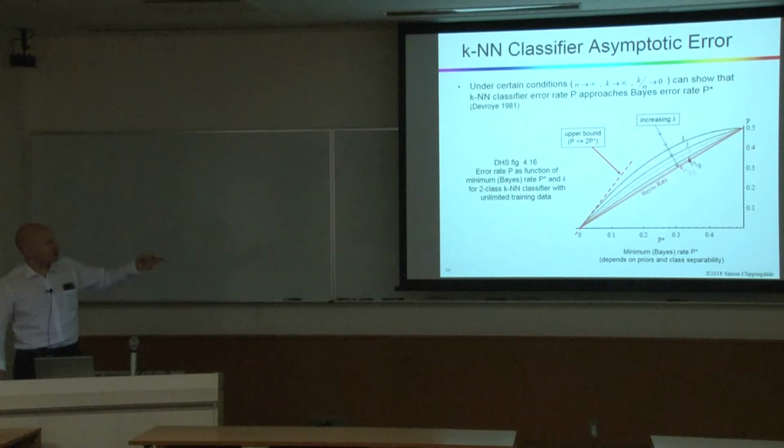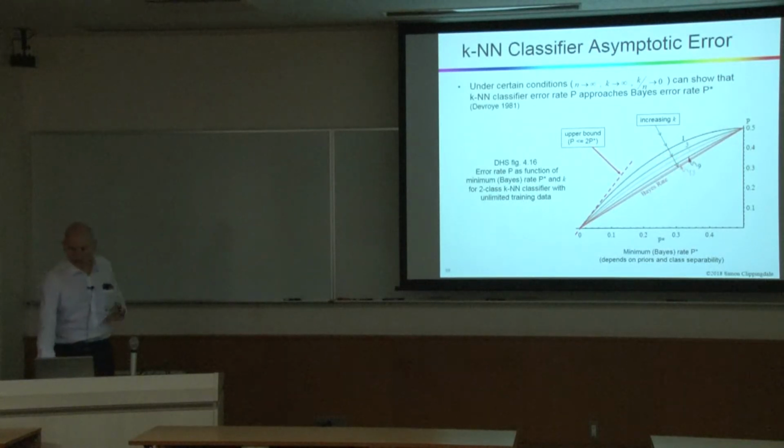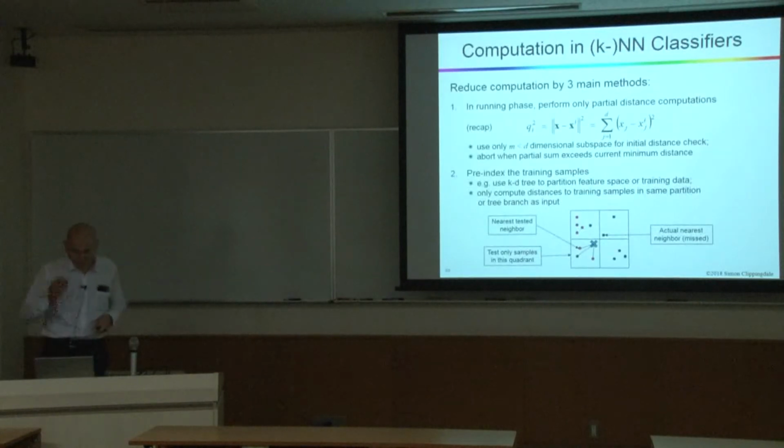Don't worry about this graph particularly, but it shows how the error approaches the Bayes rate as you take increasing numbers of samples in your majority vote.